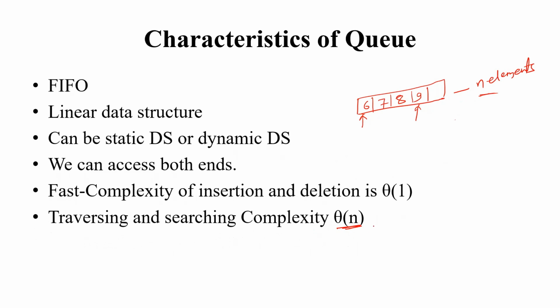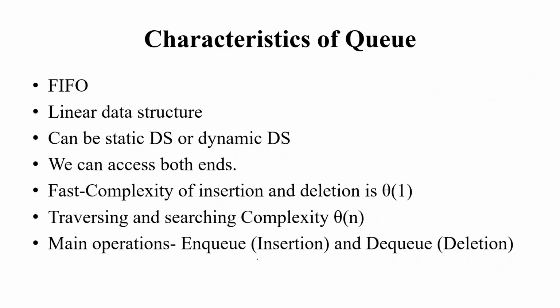That's why the complexity is theta of n for searching. If we traverse, it is the same thing. If we want to display all the elements, then from index 0 up to index n minus 1, we have to traverse all the nodes. That's why the complexity is theta of n.